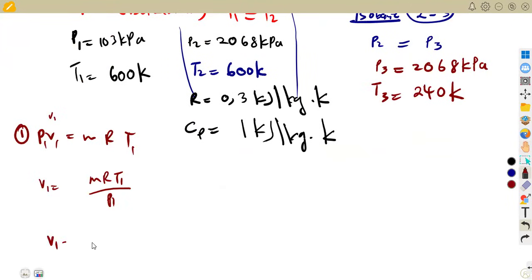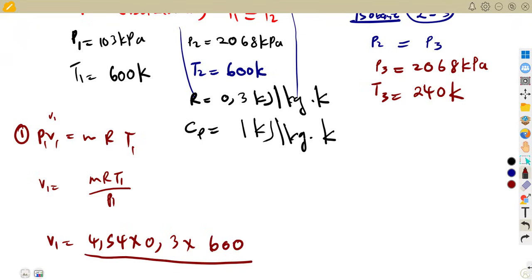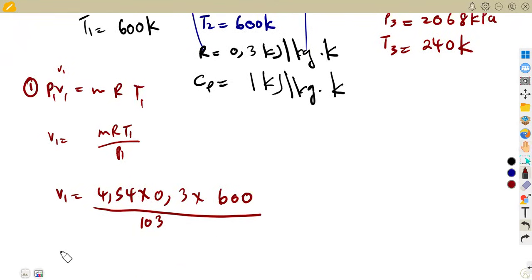So V1 is 4.54 times R, which is 0.3, times T1, which is 600, everything over P1, that is 103. In our calculations, we obtain 7.934 cubic meters. That's our V1.